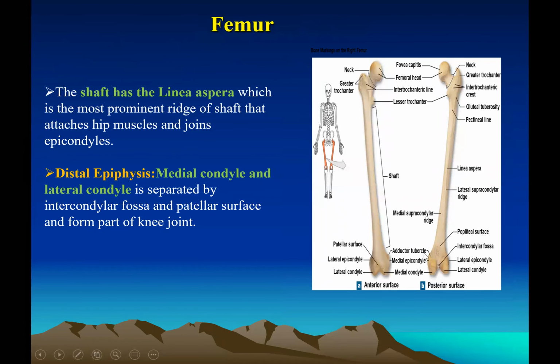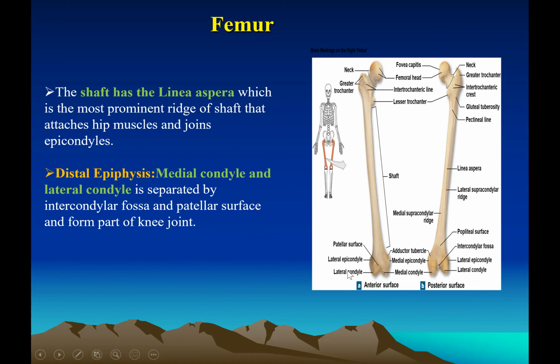So distally, in the shaft, you can see a line. It's called linea aspera, which is the prominent ridge in the shaft, and it serves as the point of attachment for most of your hip muscles, and it will join with the condyles here.